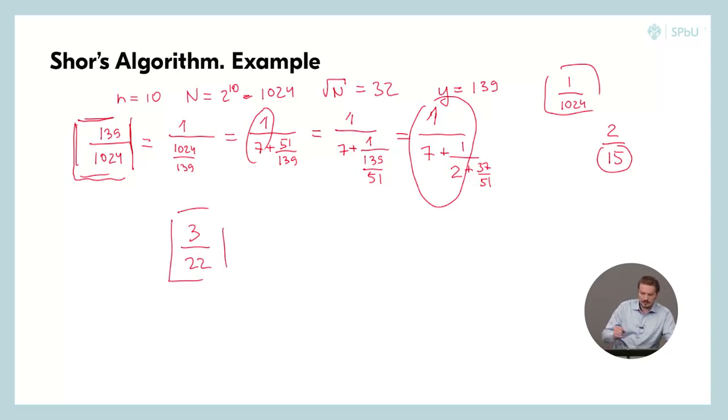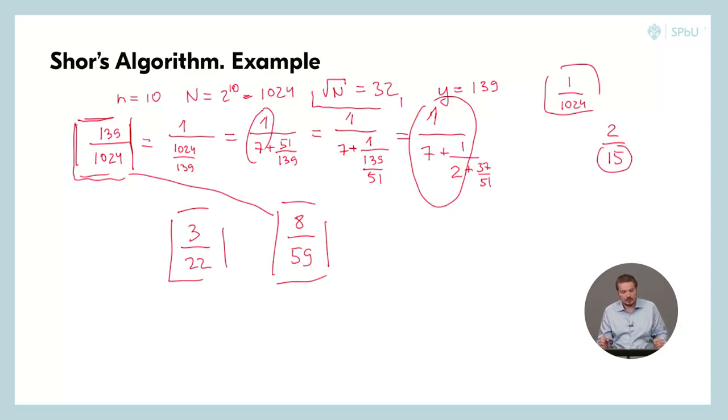And if it doesn't, the next value would be 8 divided by 59, which is very close to the original fraction, but it does not meet the condition of the denominator being less than 32. And if that happens, we may conclude that the y that we have measured is not a good y.